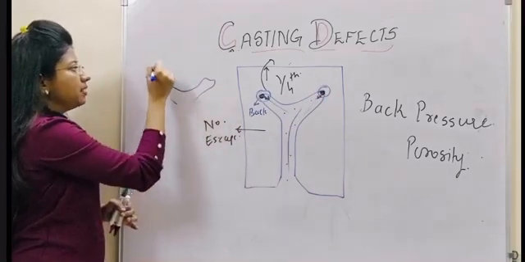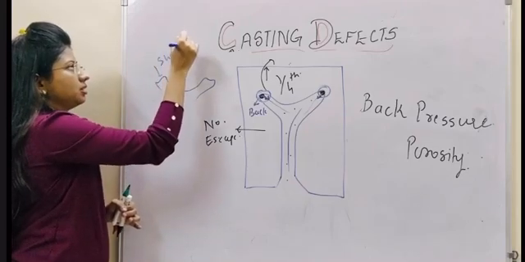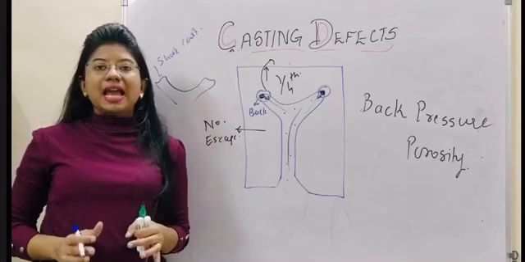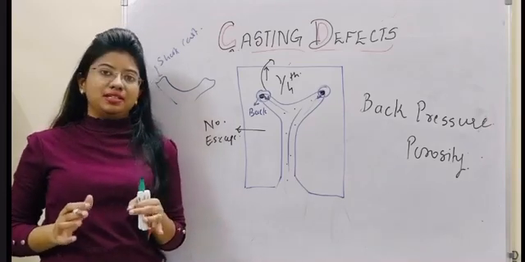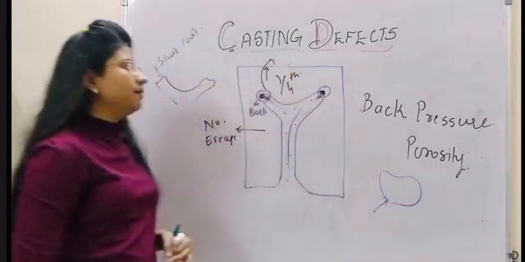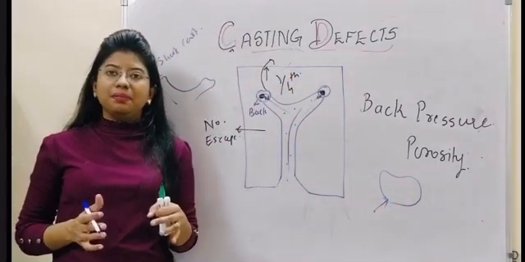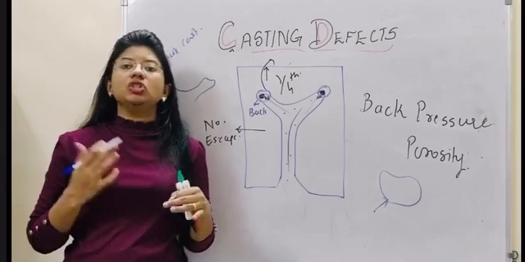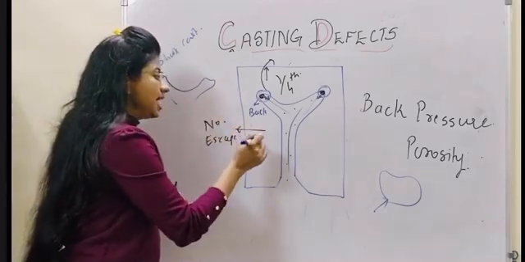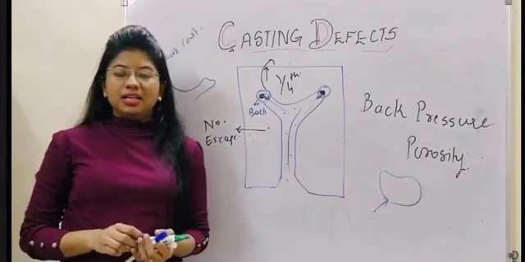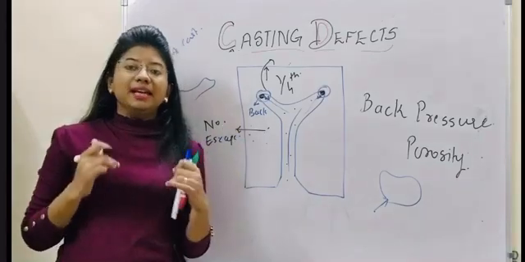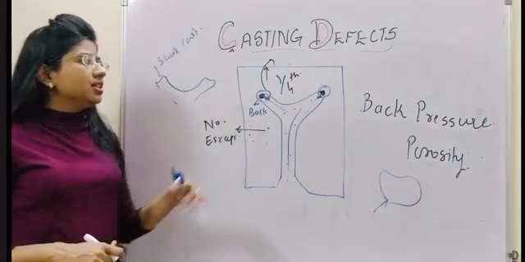That is, there will be a short casting, or there will be a porosity seen at the margin of the casting. That is, if this is your crown, the porosity will be seen in this area. Why? Because of the air entrapment, or you can say trapped air is not escaping out. Secondarily, if there is dense investment material, that is, there is no room for the escape of the air, then also there is back pressure porosity.